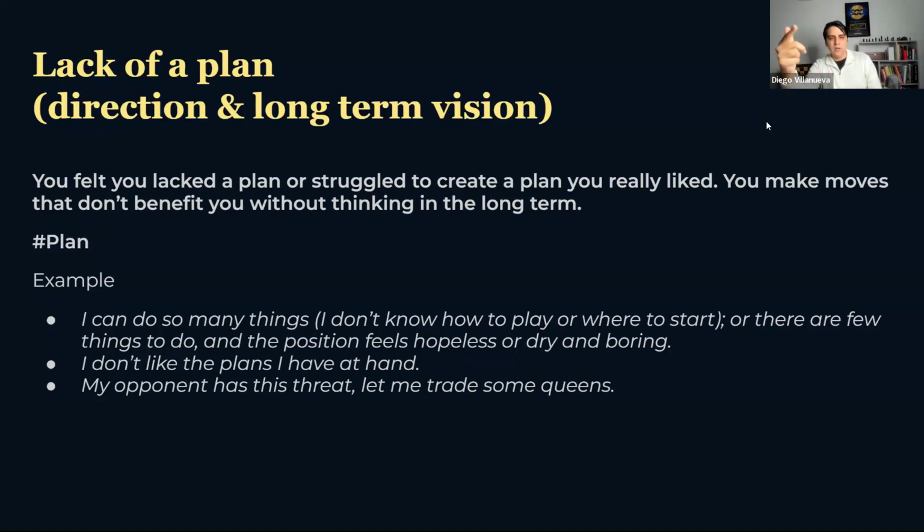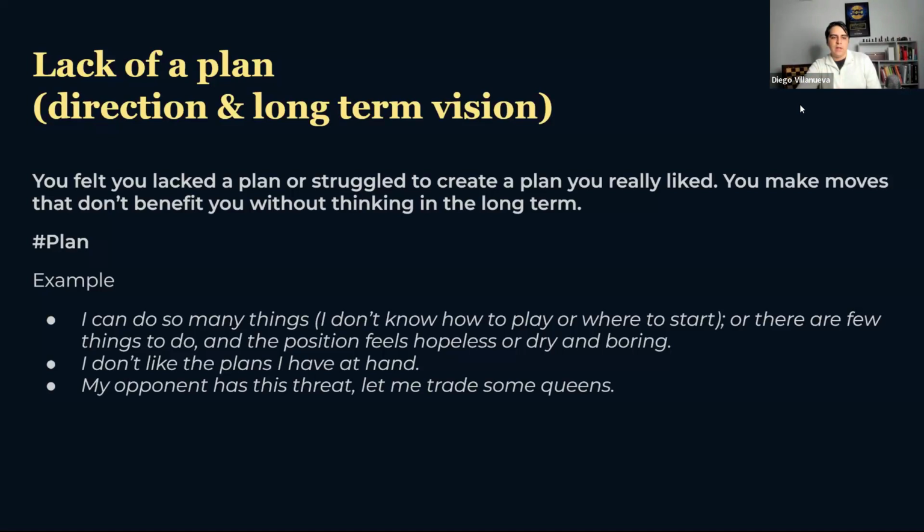But once you start thinking long term, you can start watching, okay, this trade was incorrect because I really need this bishop in the future to win the game. I really need this piece to win the game in the future. It's going to make things easier for me. But if I trade right now, I'm going to make things harder for me. So every time you find yourself lacking direction, lacking a long-term vision, hashtag plan, and you should write it down.